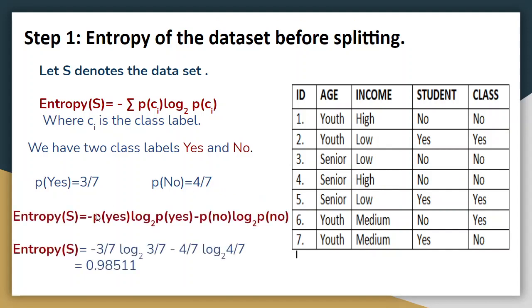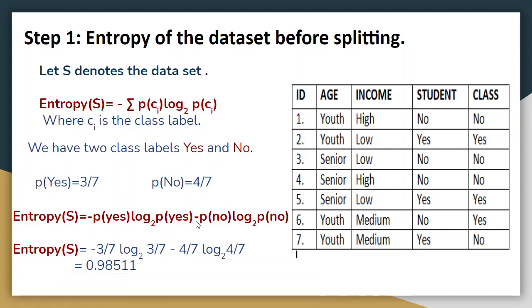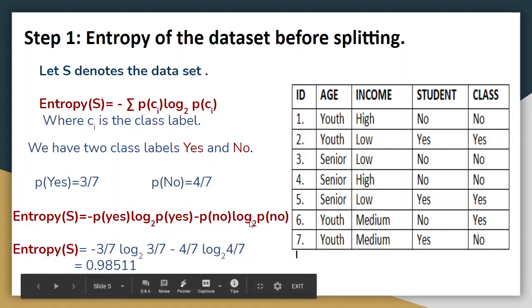So the entropy of the dataset S would be minus probability of yes log base 2 probability of yes, minus probability of no log base 2 probability of no. After substituting these values, the entropy would be 0.98511. And we are done with the first step.